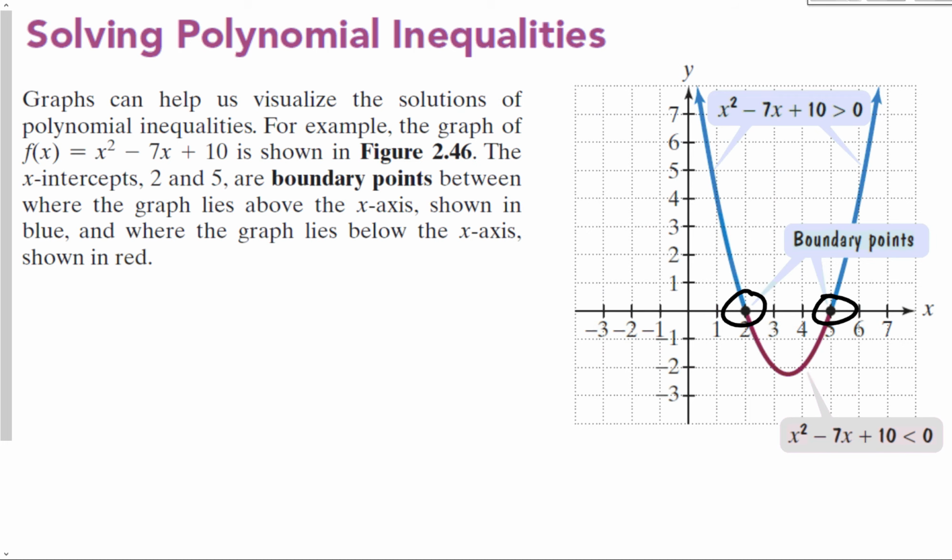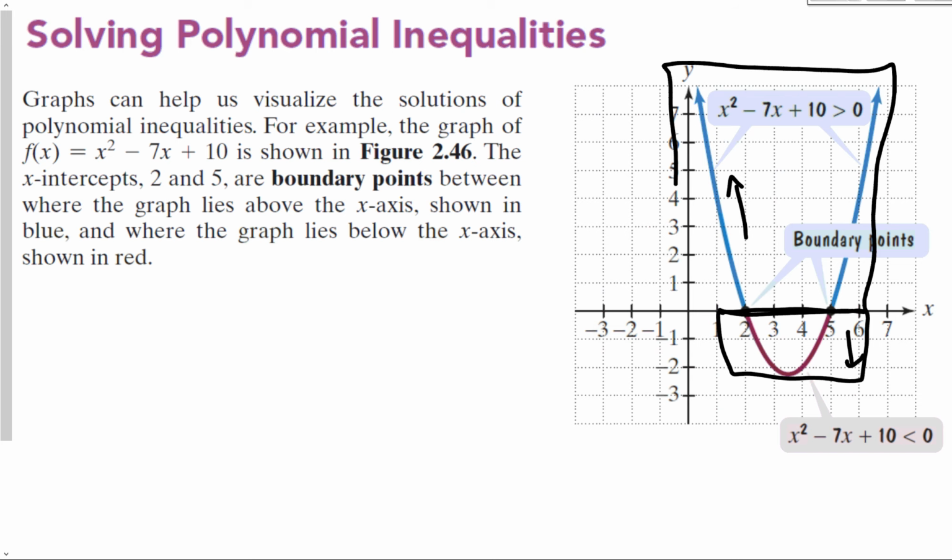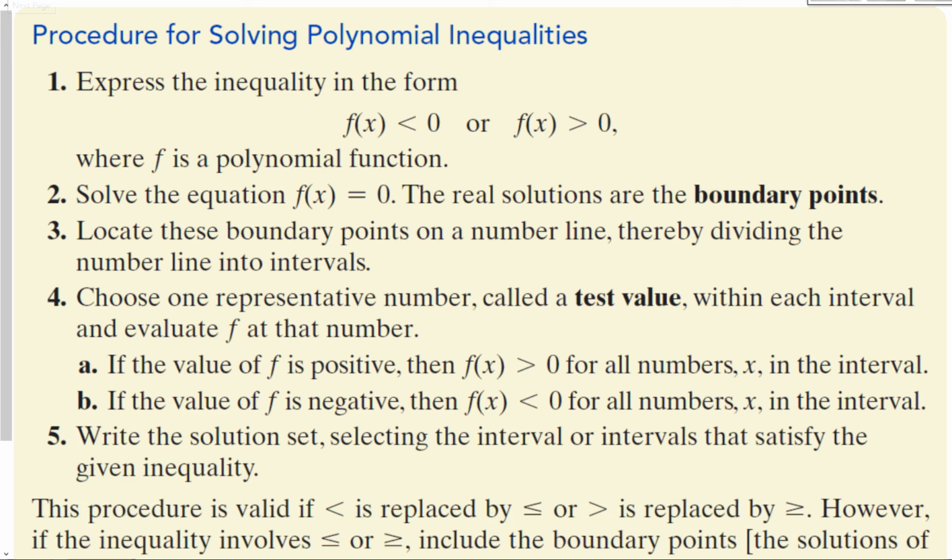These are also called the boundary points between where the graph lies above the x-axis, in the blue, and below the x-axis, in the maroon, or red. So when you look at this graph, clearly this part of the graph is negative, this part is positive. This part is less than 0, this part is greater than 0.